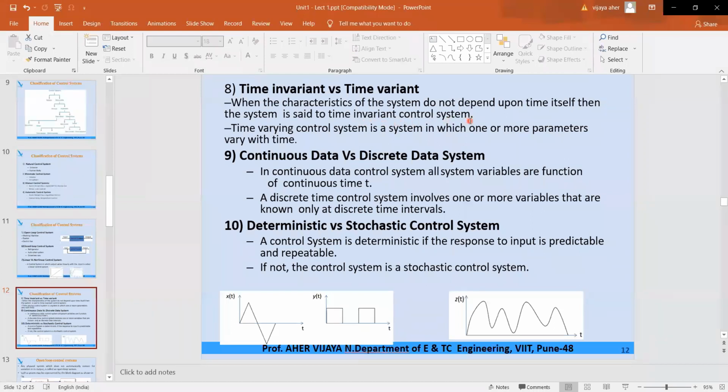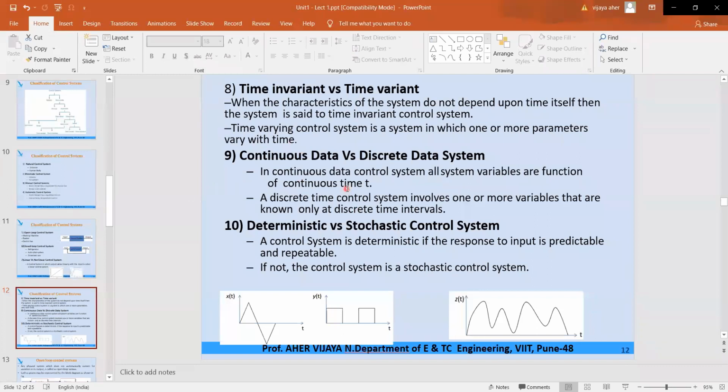In contrast, in a time varying control system, one or more parameters or variables vary with time. That is time variant, and where they do not vary with respect to time, that is time invariant. So please remember the definitions of time invariant and time variant control system.